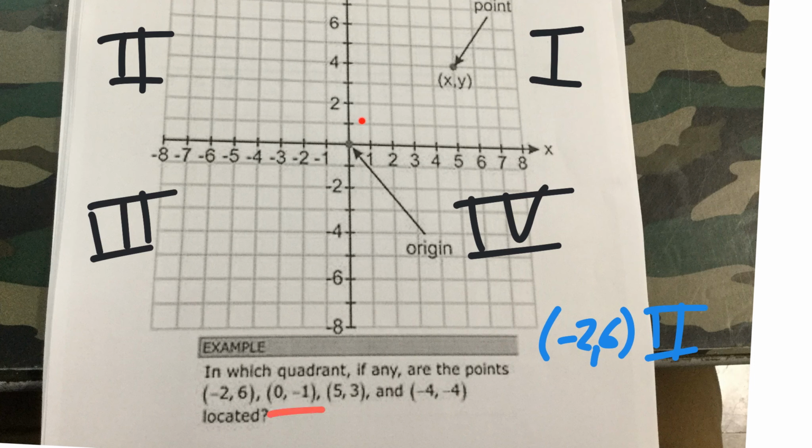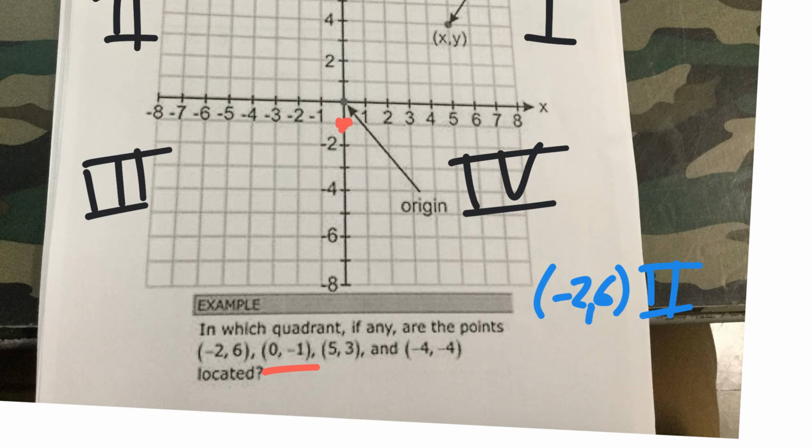I start at the origin here, go nowhere. -1 means I go down 1 to there. What quadrant is that in? It's in neither quadrant. It's in between the third and the fourth, but it's on the y-axis. So we would say 0, -1 is on the y-axis. That's how we define it. It's not in a quadrant, it's on an axis.